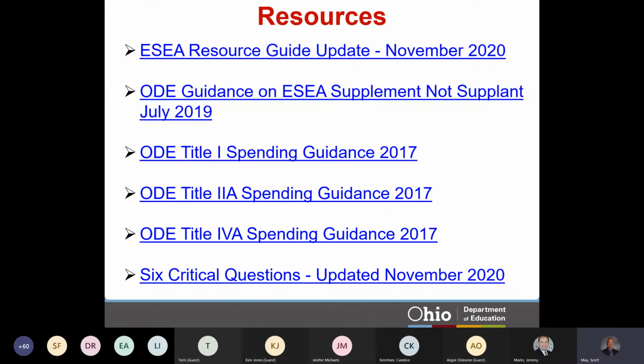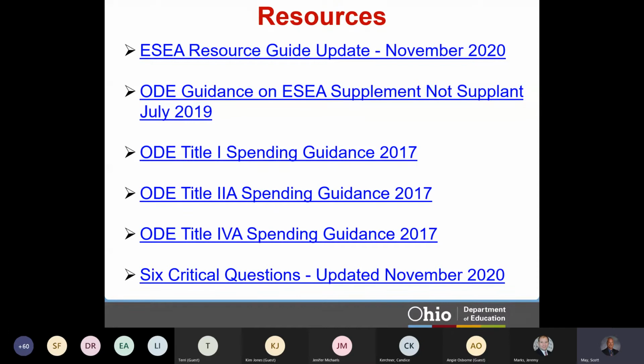Each one of these hyperlinks that are on this page, I would suggest that you actually print a hard copy. The ESEA resource and guide update, this is fairly new. This was updated last month. It's also available on our website.